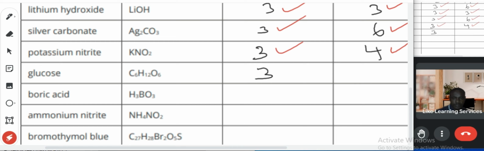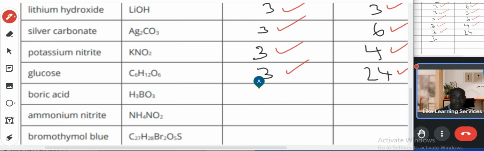Oh, 3 elements. Just top plus 12. Okay. Oh, I thought it was 3. So glucose has how many atoms? 3 elements, 24 atoms. That's correct.